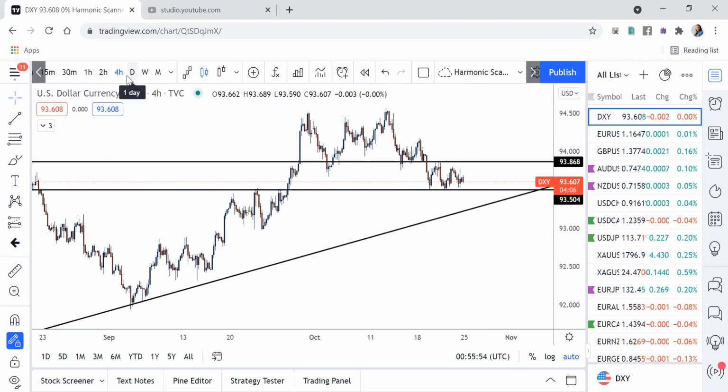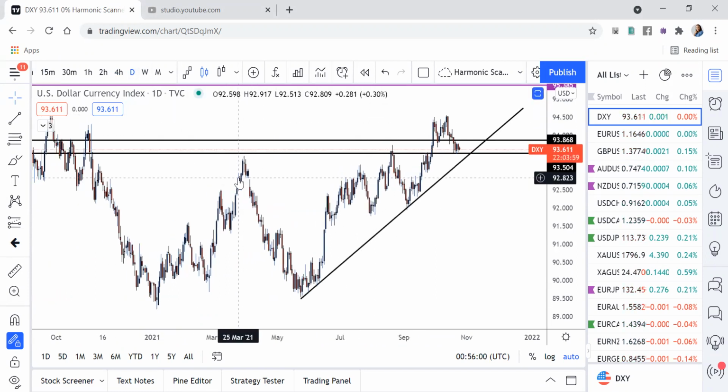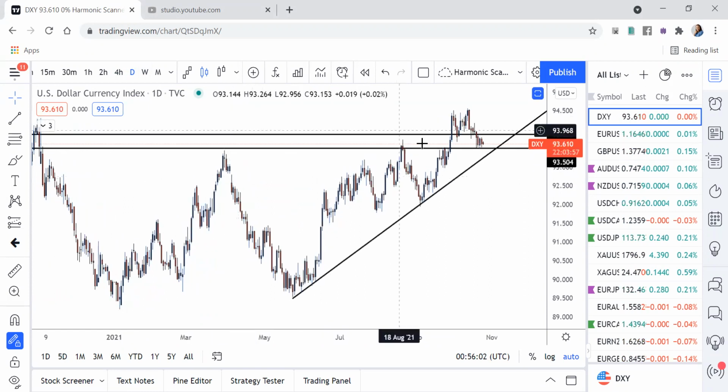Okay, so I'm gonna go up to the daily just to give you an idea. On the daily time frame, like I would have shown you last week, we had a break of structure, right? So you can see structure breaking on the daily time frame. These highs were taken out, these highs were taken out here, right?